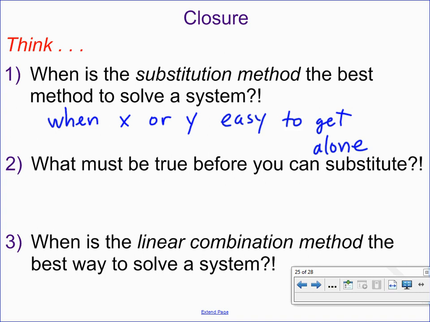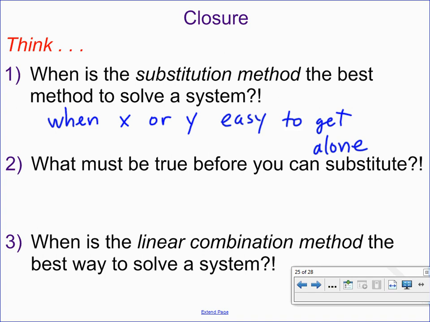What must be true before you can substitute? So before you can substitute, what do you have to be sure of? Hannah? The left side equals the right side. Oh, and what has to be on the left-hand side or the right-hand side? A single variable.